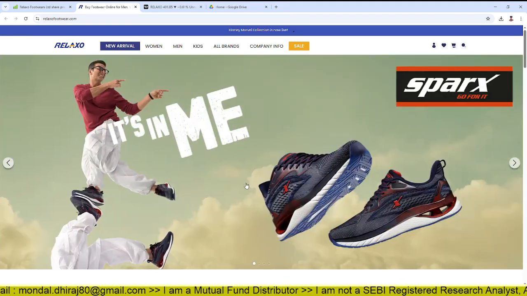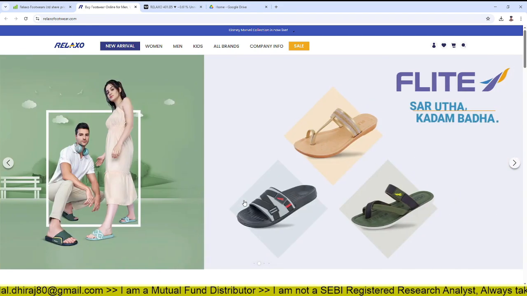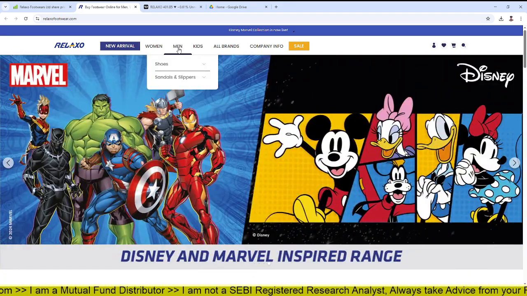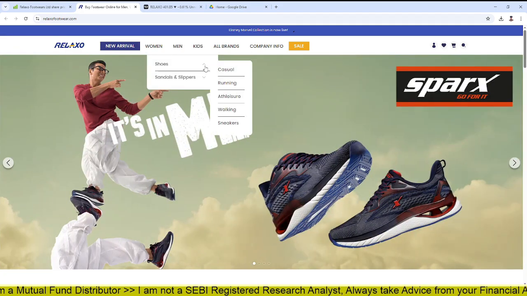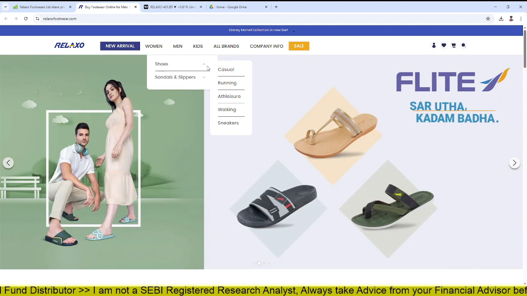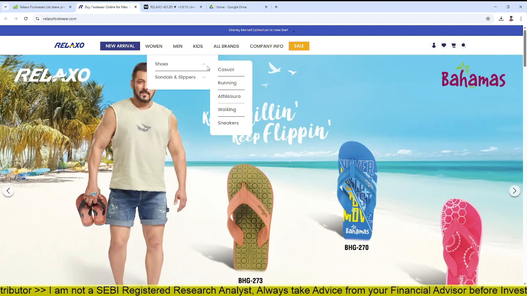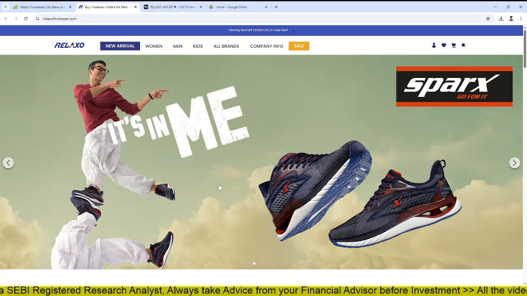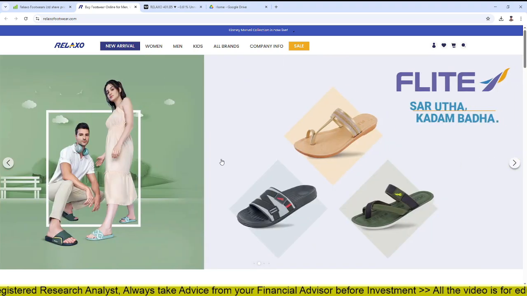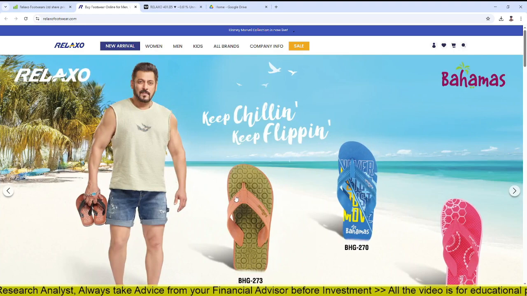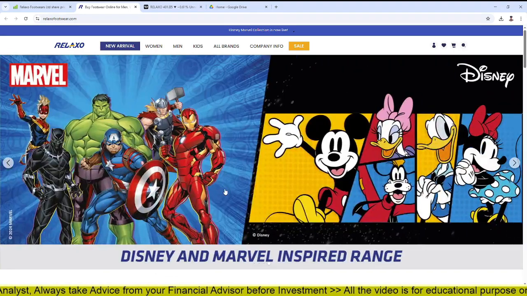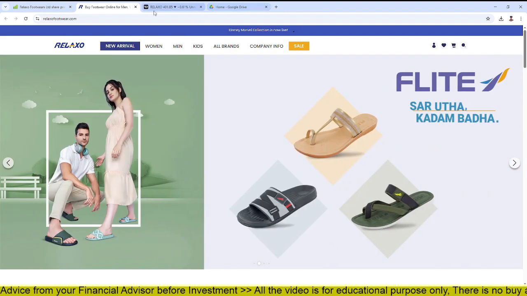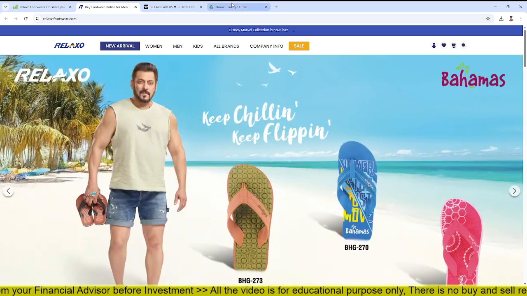This company basically makes slippers, shoes, sports shoes, mainly men's casual running shoes, walking shoes, sneakers, and you must have seen Akshay Kumar and Salman Khan coming into the picture for its advertisements. So we will be discussing the company.